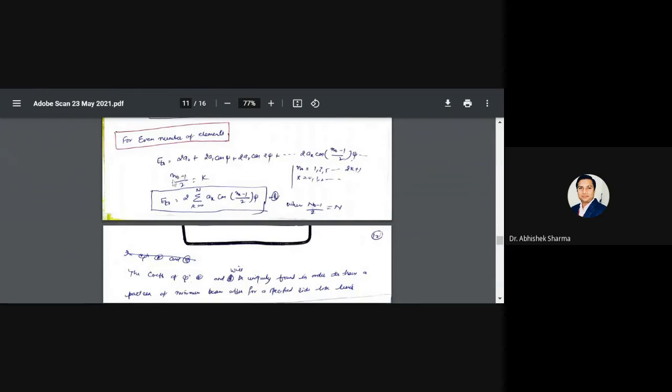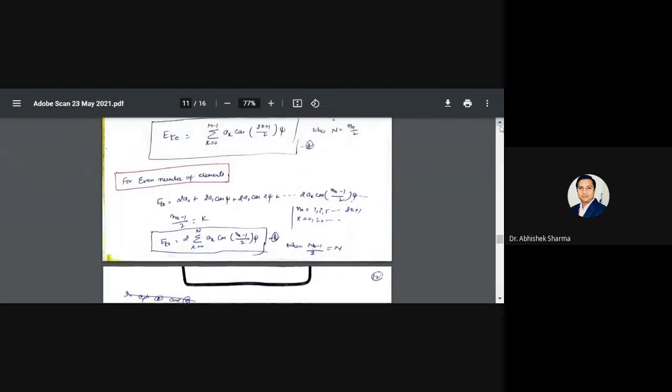So over here (No minus 1) by 2 is equal to K. So ETO is equal to, writing this in a general form, the sum of AK cos of (No minus 1) by 2 into xi.